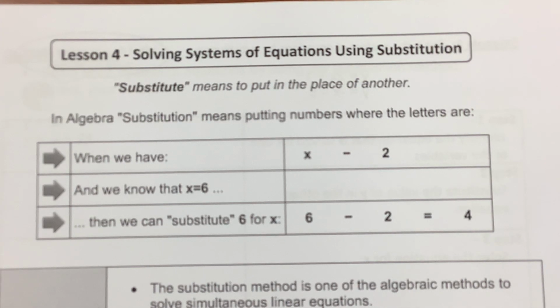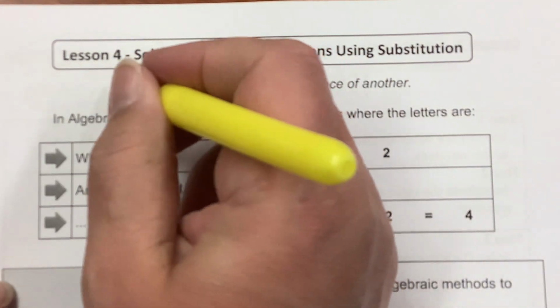Bono. Today we are on Book 2, Chapter 3, Solving Systems of Equations, Lesson 4, Solving Systems of Equations Using Substitution. Substitution means to put in the place of another. So let's just highlight that to remind us that that's an important part of this lesson.